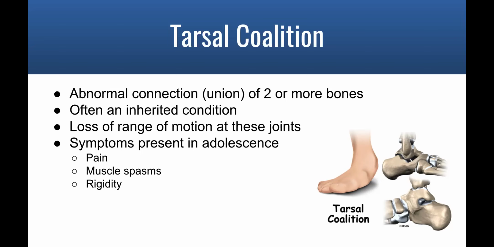So you won't see it right away at birth. But you might find a teenager complaining of pain. They might have muscle spasms in their foot. That's related to the rigidity of the foot. So those are the basics of tarsal coalition, and we'll address maybe more treatments later.